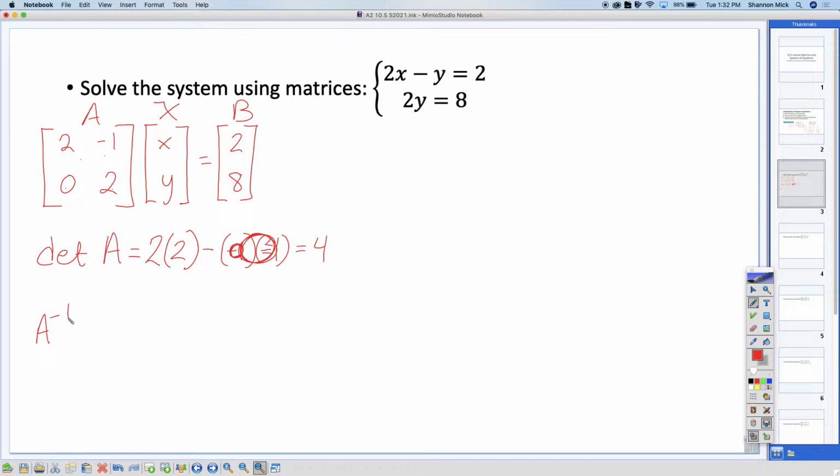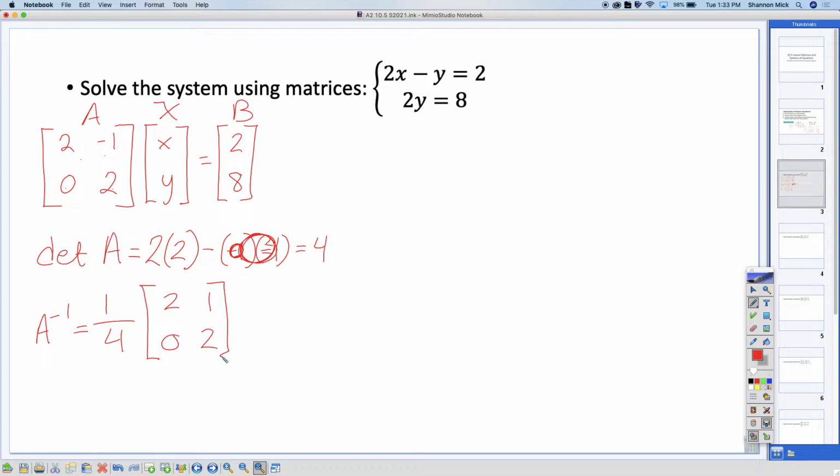So it's 1 over the determinant, 4, and then I switch the 2 and the 2, which is still 2 and 2, and then the negative of the other diagonal: 1 and 0. I always switch my diagonal and then do the negative of the other diagonal.